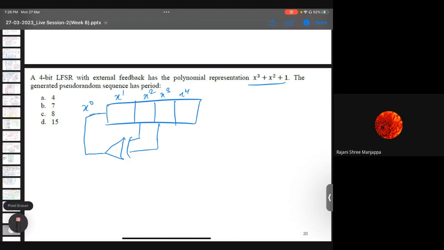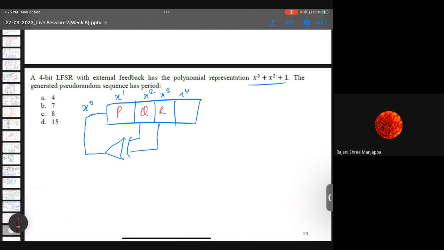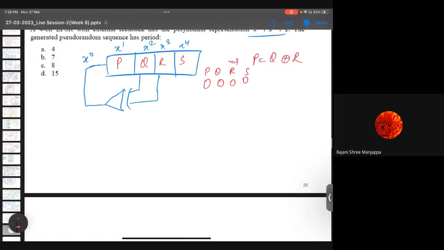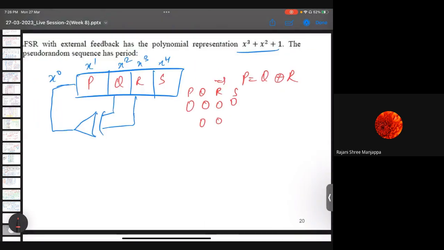So I took these bits as P, Q, R, S, and I said that P is nothing but Q XOR R. And I started with, I guess, 1 1 1. So here I can start with 0 0 0 0. So this is P, Q, R, S. Once you do the question, it will be 0 0 0, and then, sorry, I need to start it with 1 1 1 only. 1, then it will be 0.